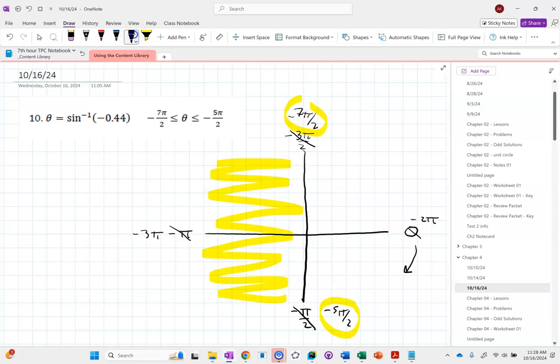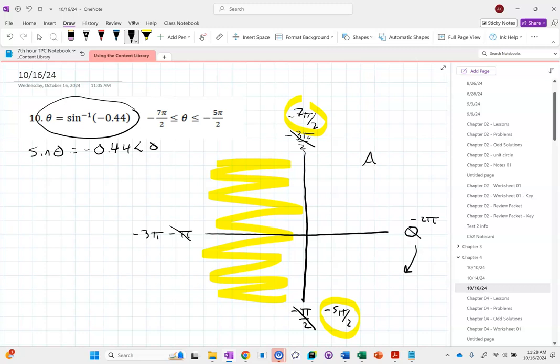Okay. The second piece that we look at is this part. Theta equals sine inverse of negative 0.44 is the same thing as saying sine theta equals negative 0.44. But what I really care about is that sine theta is negative.